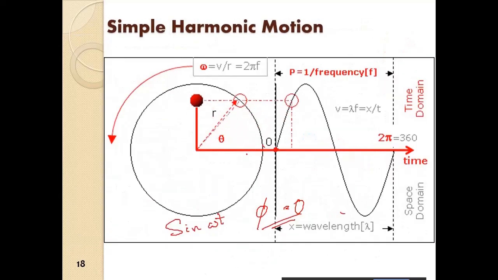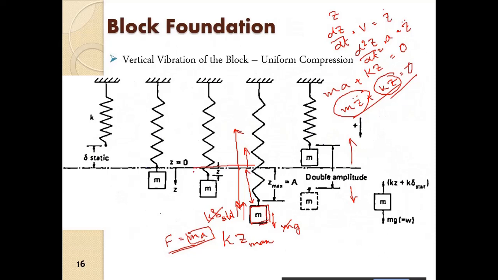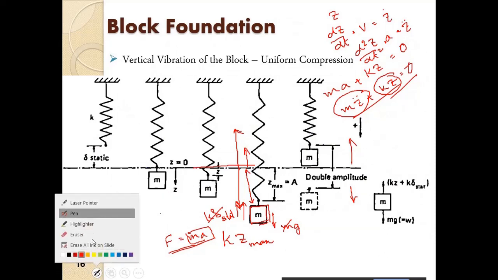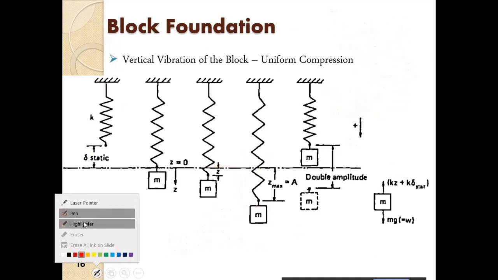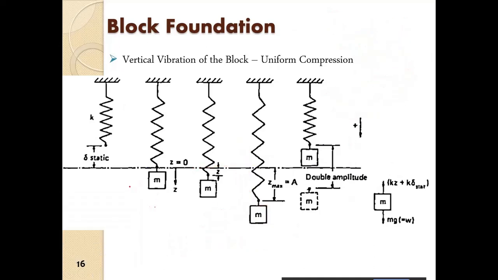Now before going to draw the phase diagram, we have to understand how the mass moves. So first of all, let us concentrate on the displacement. So this is the equilibrium displacement, z is equal to 0. When the mass moves, the displacement z increases up to z max.